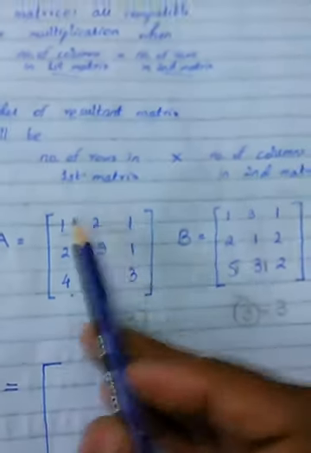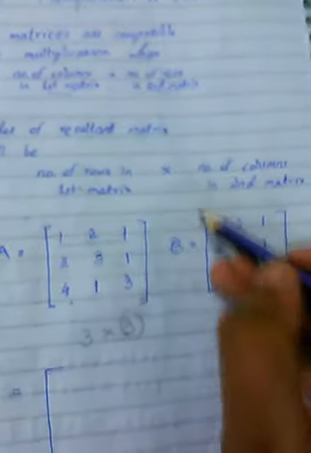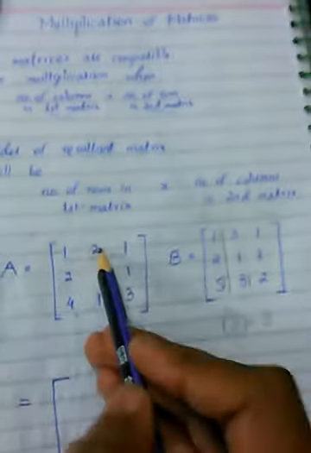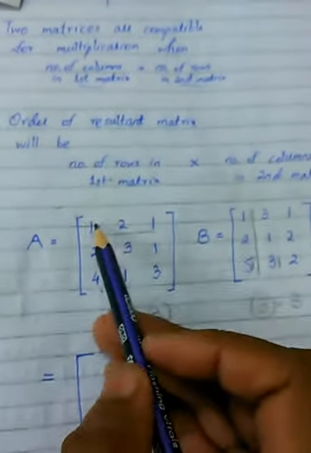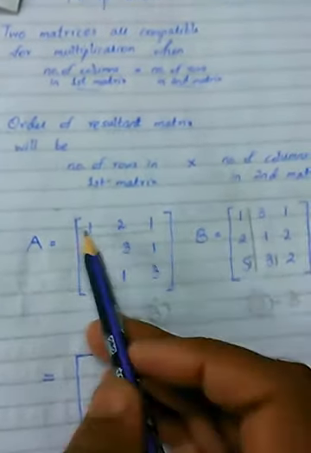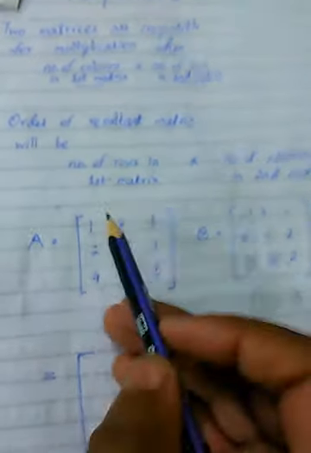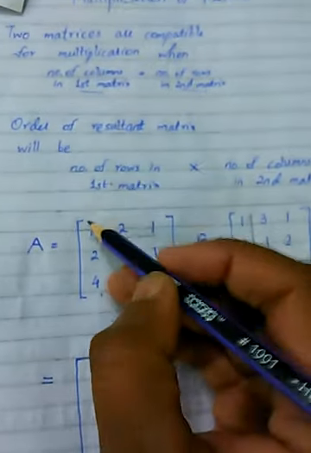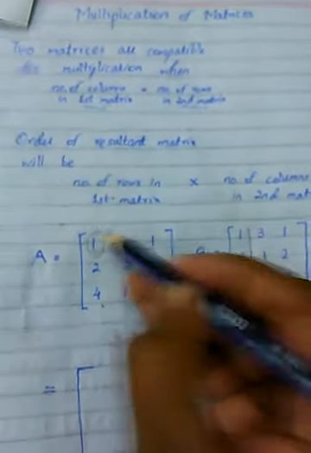First of all, we will multiply the first row with the first column. This row has 3 elements and this column has 3 elements. Each element will get multiplied by its respective element, which means the first element will get multiplied by the first element.